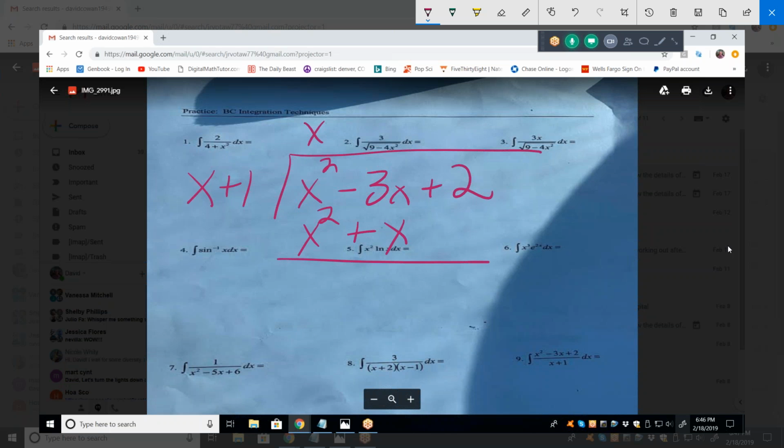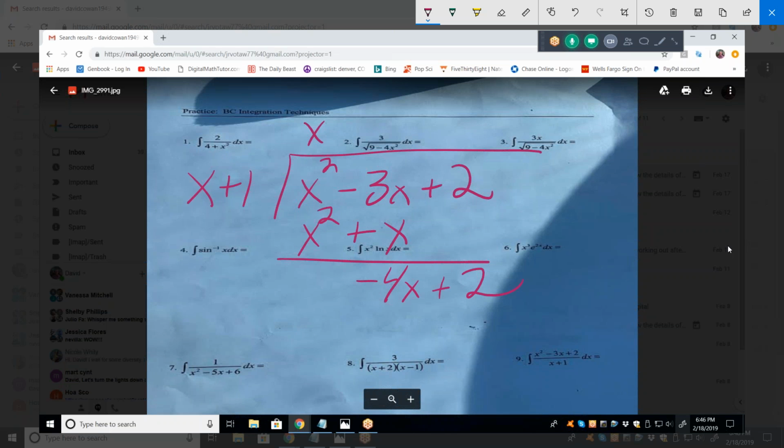You subtract, if you remember back to your long division days. So x squared minus x squared is always going to be 0, but minus 3x minus another x is minus 4x. Bring down the next term and repeat the whole process.